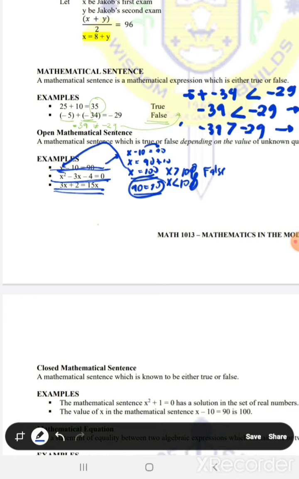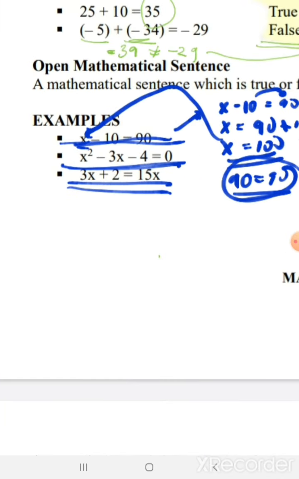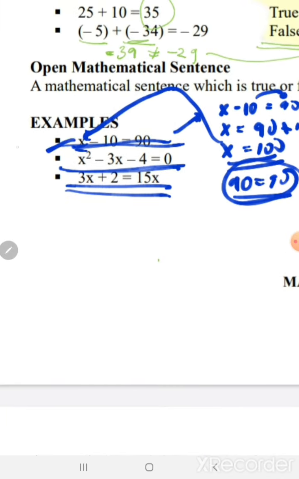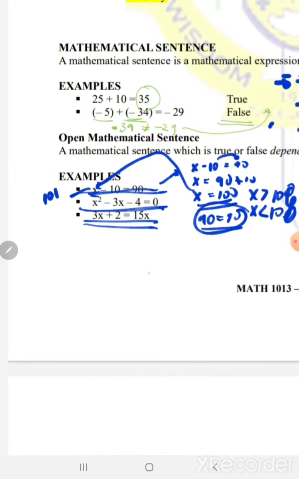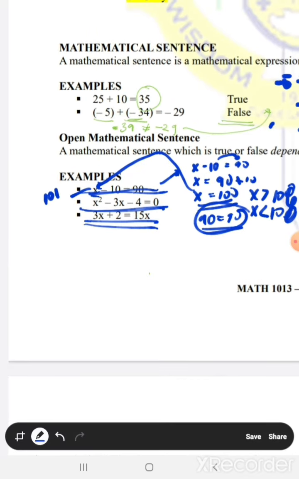Right? That would make the equation false. Like, for example, if you substitute 101 here and subtract 10 from 101, you will have a value of 91, which is not equal to 90, right? Next, your x squared minus 3x minus 4.